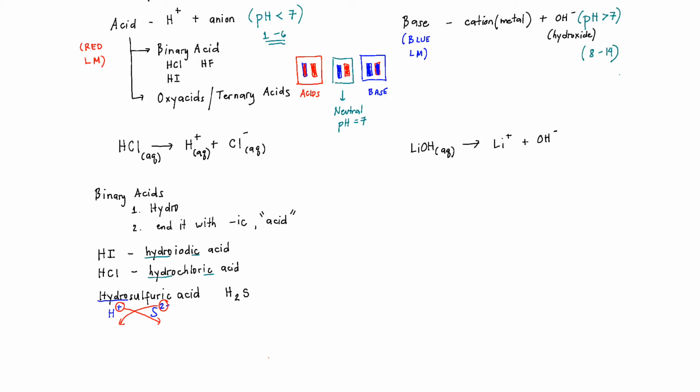Now, how about if it is hydrobromic acid? If it is hydrobromic acid, again, we have H positive, and then bromine will be negative, and then crisscross, this will become HBr.